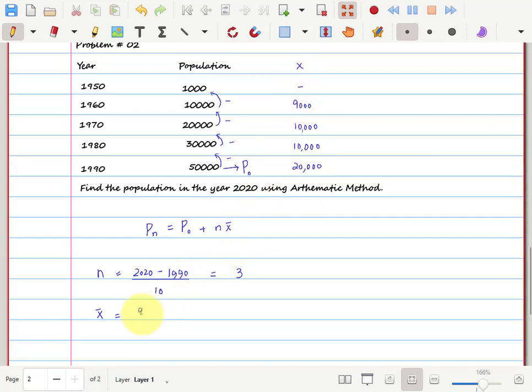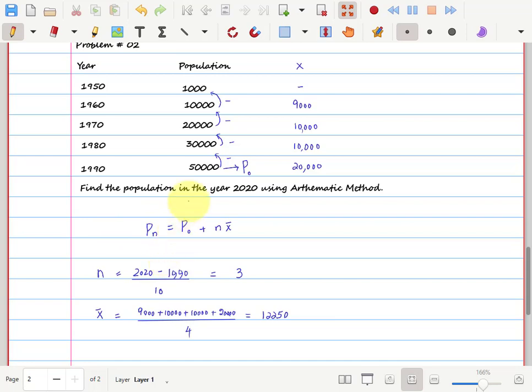So to find out the mean, we need to add them all. 9,000 plus 10,000 plus 10,000 plus 20,000, divided by what? There are 4 terms, right? So you need to divide it by 4. So x bar is going to be 12,250. 12,250 is the value of x bar.